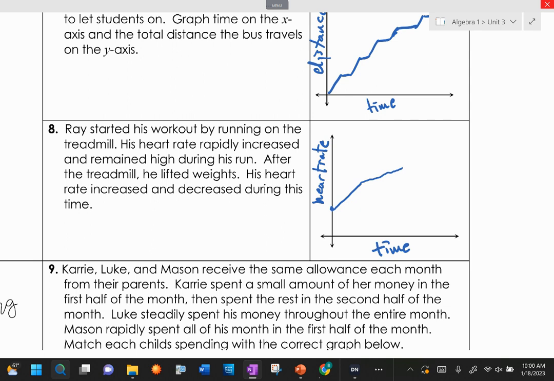Probably went up a little bit more, but then we're going to have rapid increases and decreases. And now that last part, this last section, how much you go down and how much you go up, it's really debatable. There's no right or wrong answer because it really depends on the person.